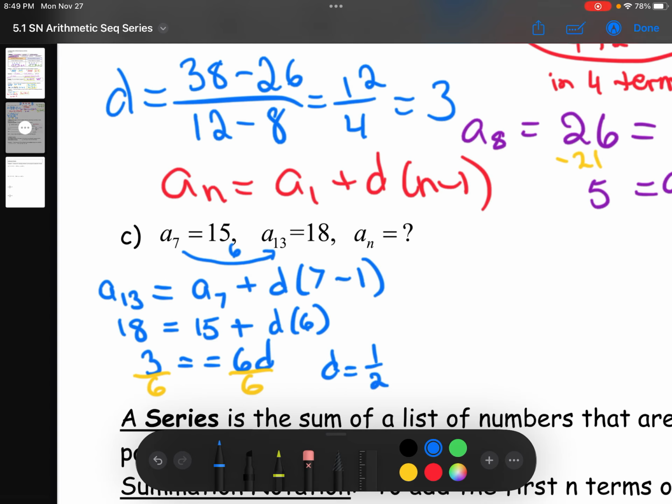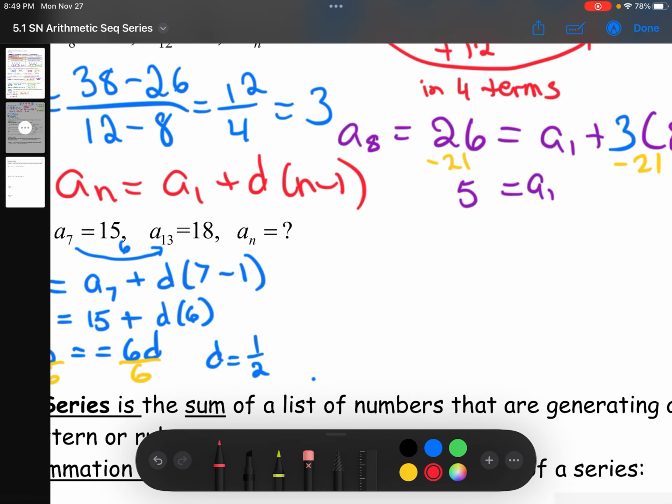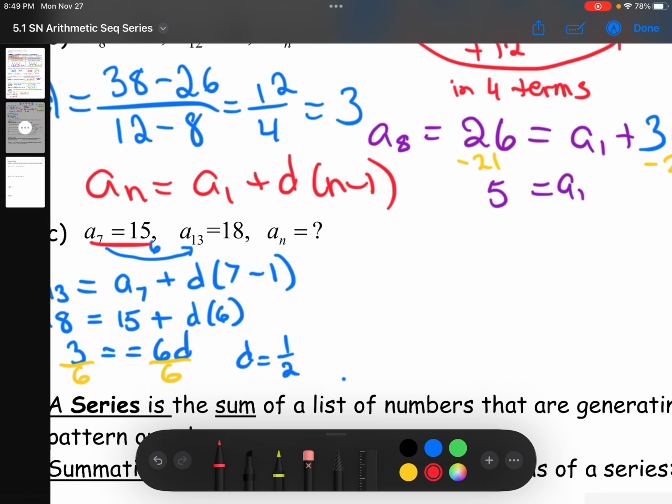D is 1/2. Okay, now we need to find a sub 1. So we'll use a sub 7. A sub 7 will equal a sub 1 plus d times 7 minus 1.